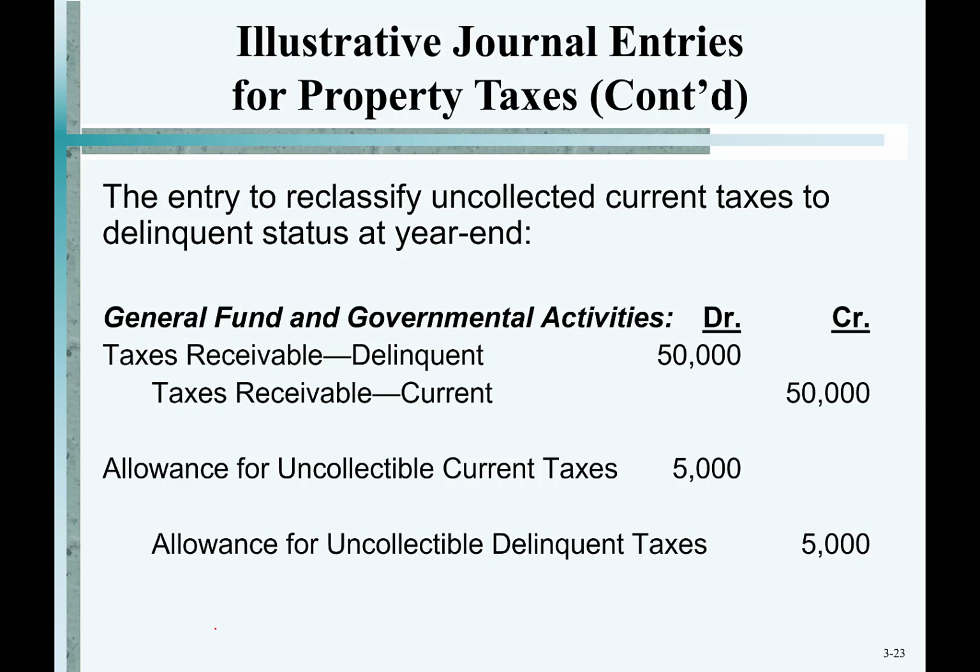Since we reclassed the receivable, we're also going to reclass the allowance. So we debit allowance for uncollectible taxes current to take it out of the current allowance, and credit allowance for uncollectible taxes delinquent to put it into the delinquent allowance. Simple reclass, right?